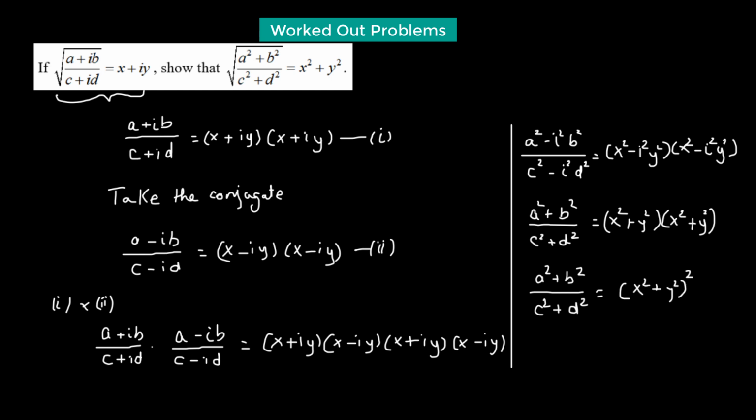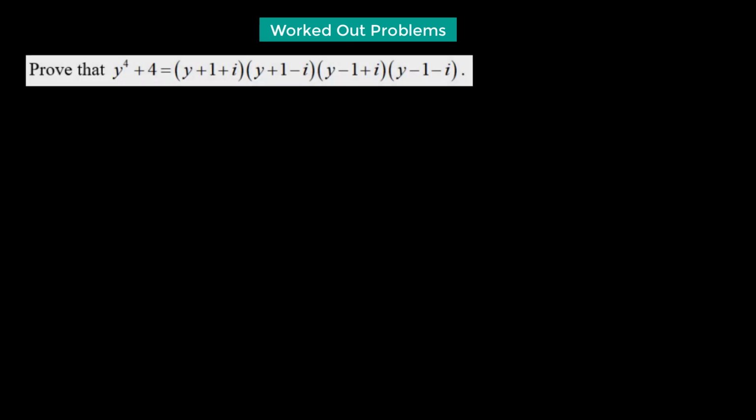Now we take the square root on both sides, and that finally gives us the square root of (a² + b²)/(c² + d²) equals x² + y². So this proves the question, and that's how it's done.